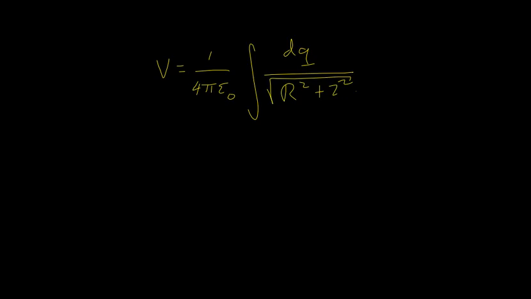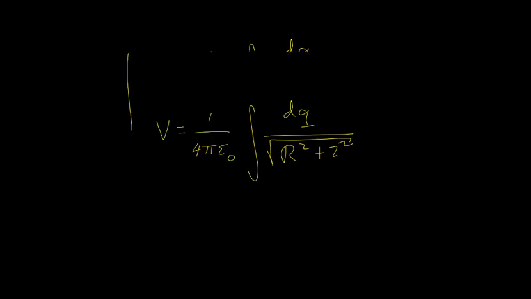This comes from the fact that it starts off like this: dV, the differential element of the voltage, is equal to 1 over 4 pi epsilon naught times dq over r. Little r is constant, and then from dV, we get to V by taking the antiderivative and integrating. That's how we get there. Since the denominator is constant, it's going to come out of the integral.